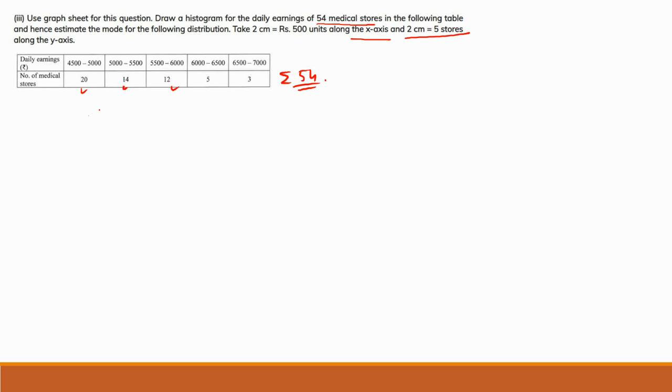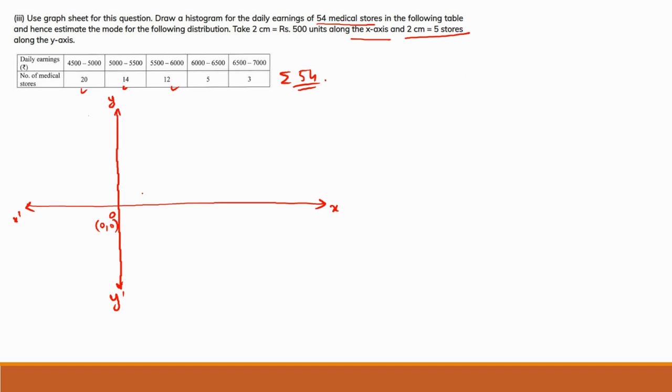I do not have a graph paper with me right now, but I can make it very clear how it should look on your graph paper. Let's assume this is your graph paper. This is your x-axis, x dash, y dash. This is the origin, right? This much everyone should do.